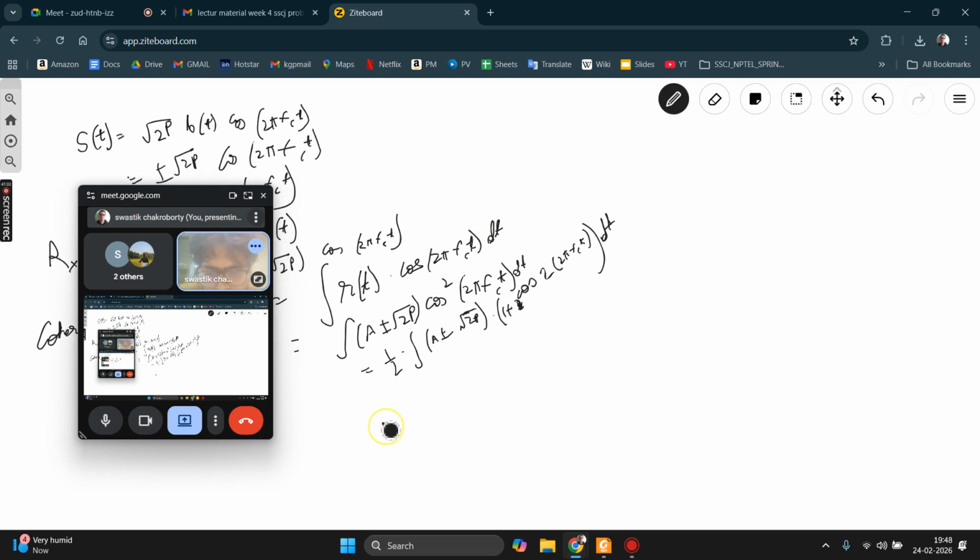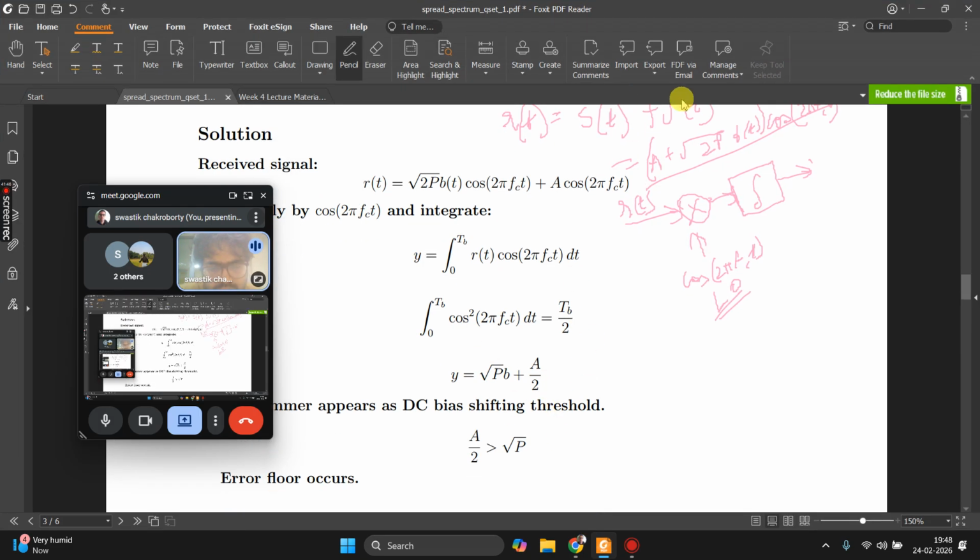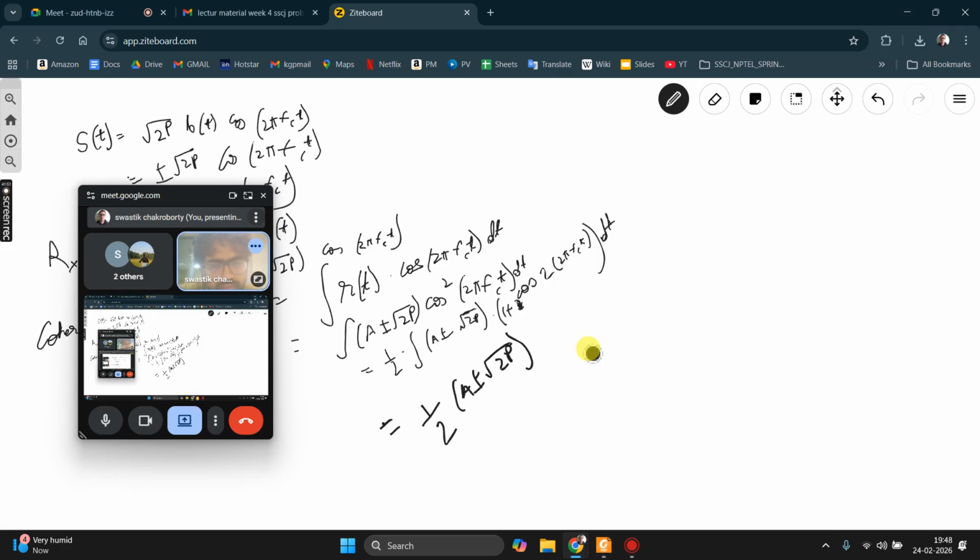So this will become half A plus minus root 2P, now this t will be integrated over 0 to TB, the bit duration. So this is 0 to TB and you get TB.